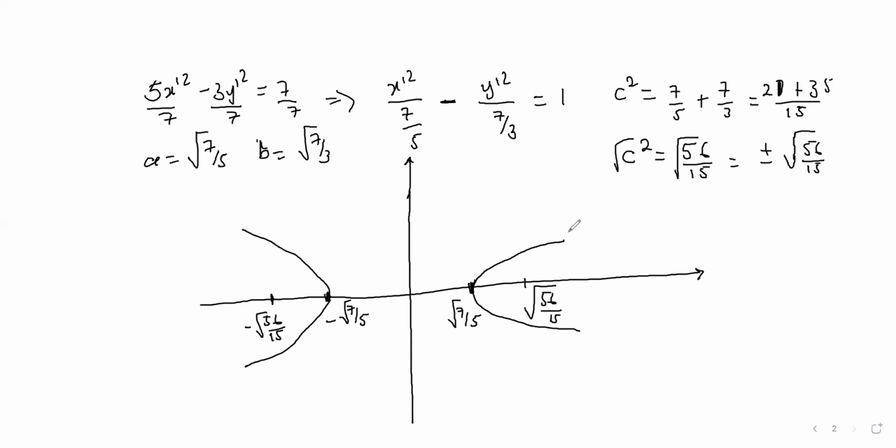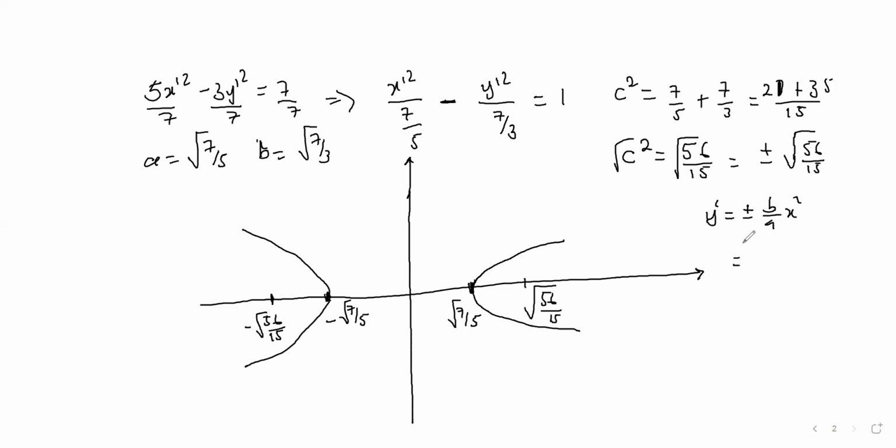What else is remaining? The asymptotes, which we find by saying y is equal to plus or minus b over a x, is it? Yes. So remember, these are primes.